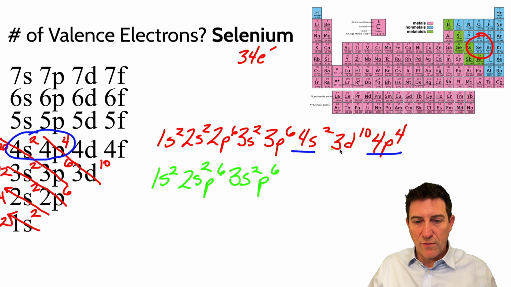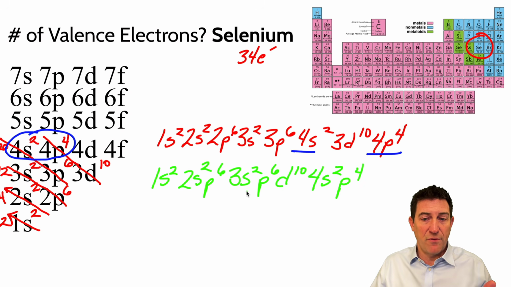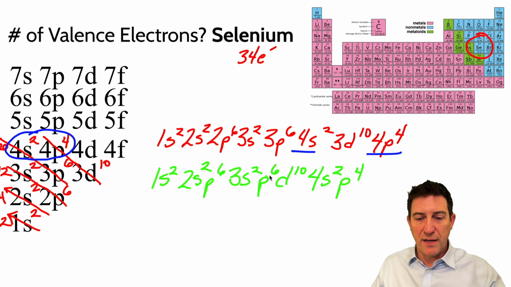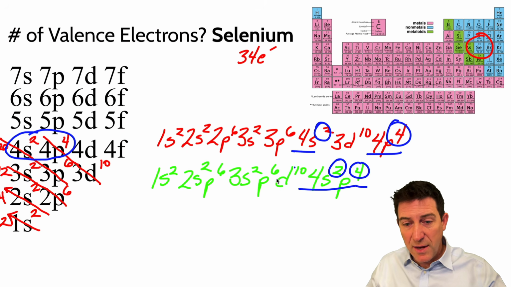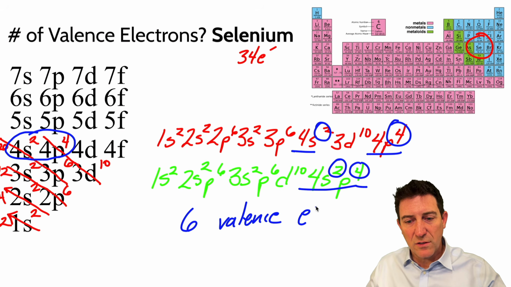Oh, look, there's one over here. That's d10. Then we have 4s2, p4. Just a different way of writing it. Both of them are completely fine. And if we come back here and look, well, look, we still have a 4th energy level, has a total of 6 valence electrons. So how many valence electrons does selenium have? It has 6 valence electrons.